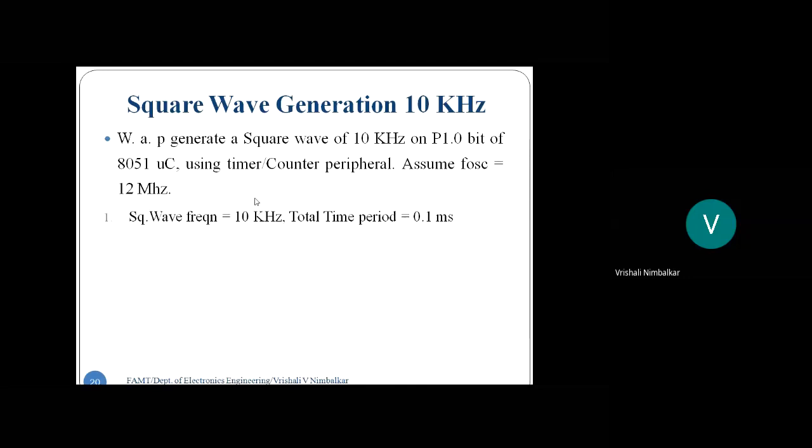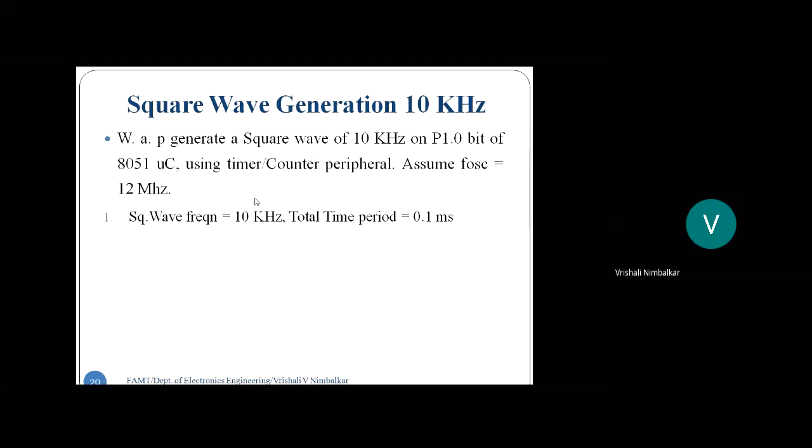Now when I say square wave, there is one term associated with it, duty cycle. Generally the square waves are of 50% duty cycle. That 50% tells out of the total time, how much time the square wave is logic 1, and the remaining time the square wave is logic 0.